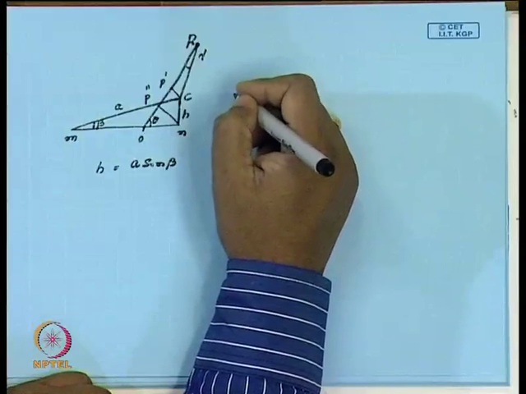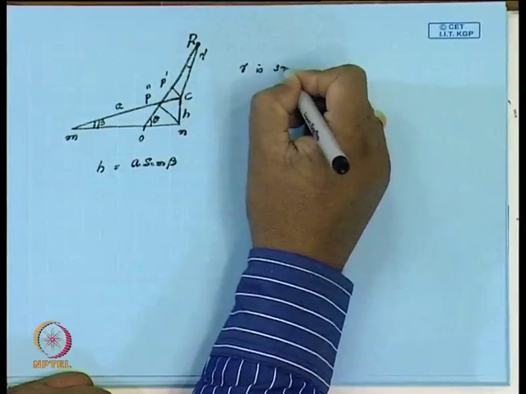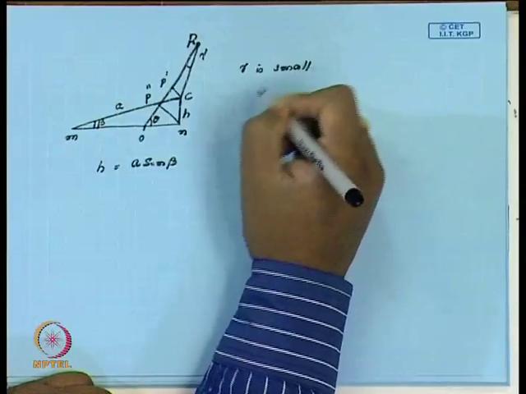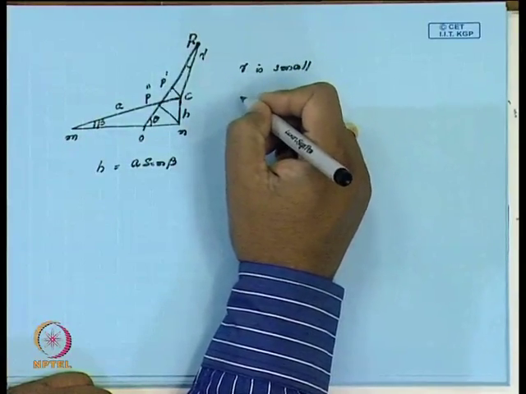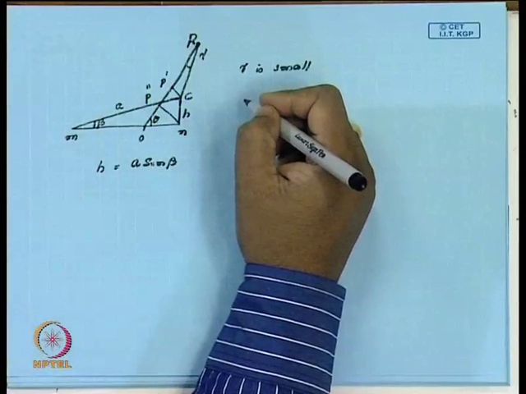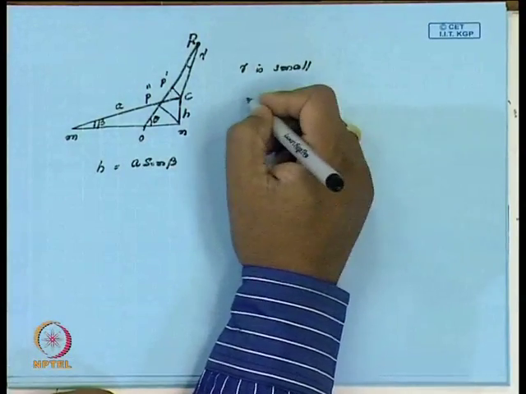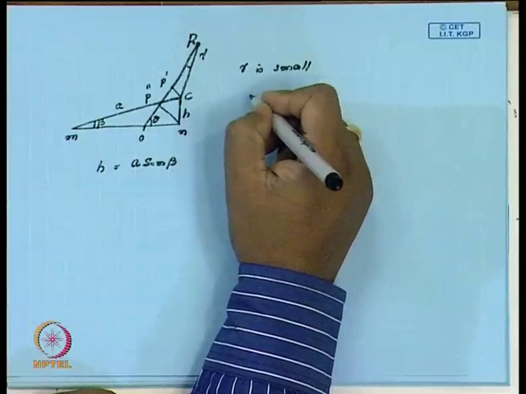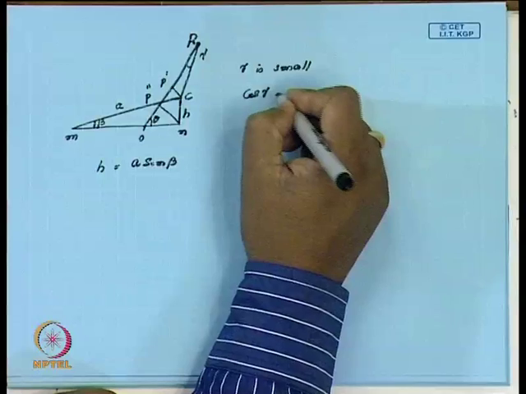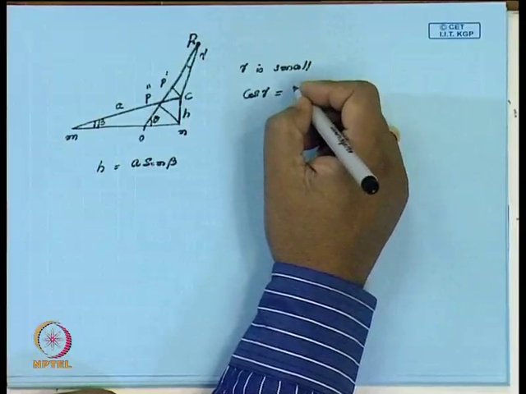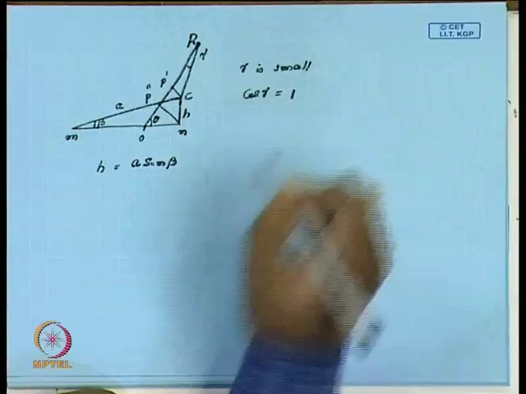Now gamma is small, and if gamma is small, then cos gamma is almost 1.